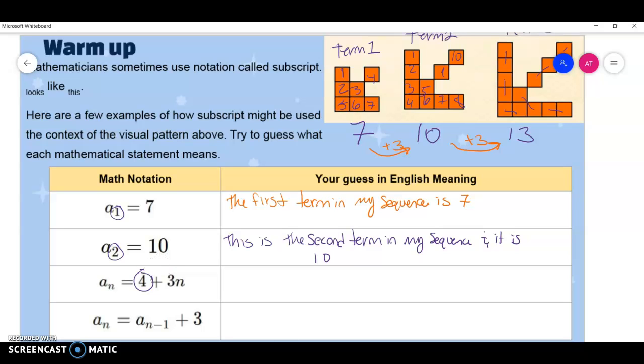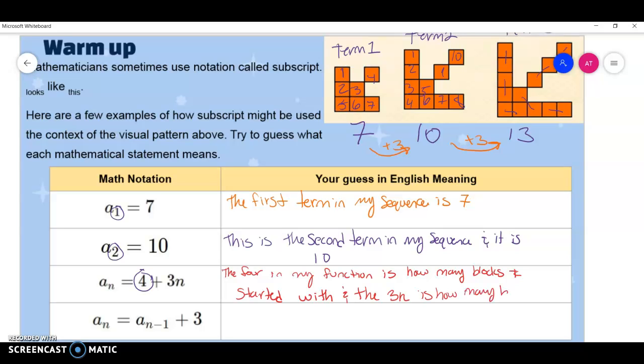So I could say something like this. The 4 in my equation or function is how many blocks I started with, and the 3n is how many blocks it increases by.